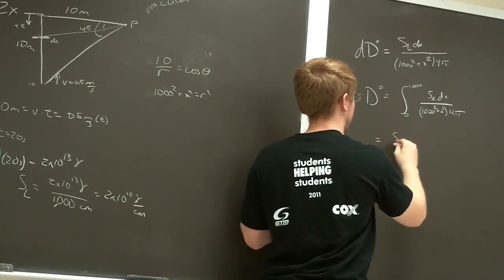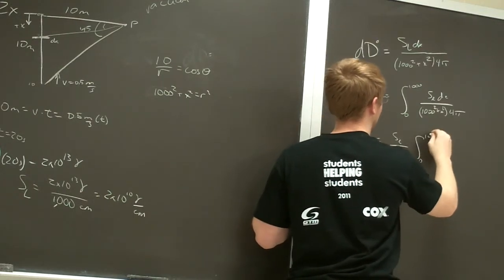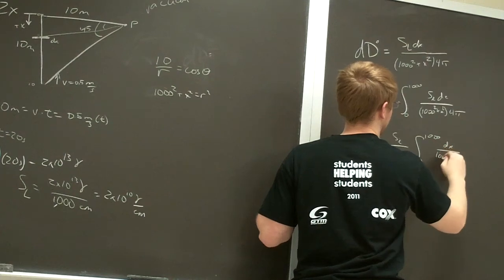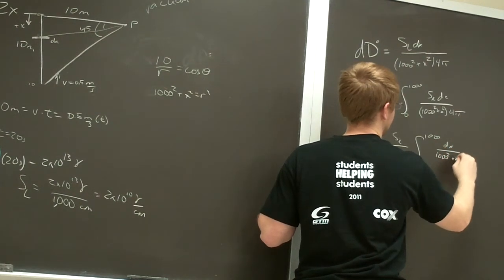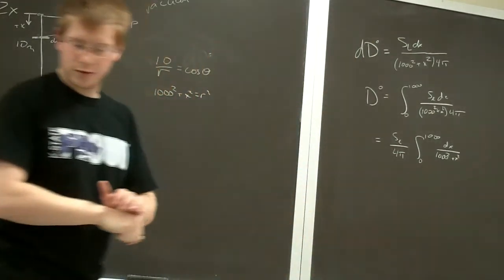So SL comes out, 4 pi comes out. You have the integral from 0 to 1,000 of dx over 1,000 squared plus x squared, and that can be solved.